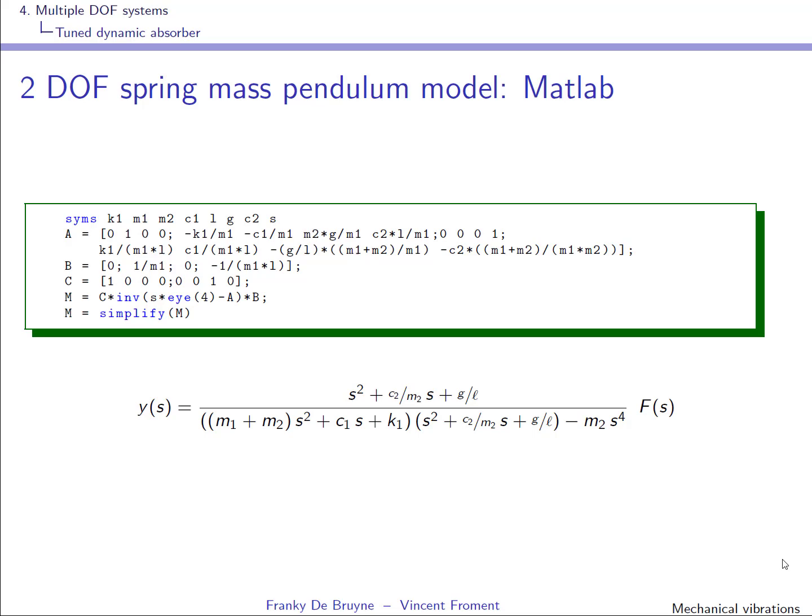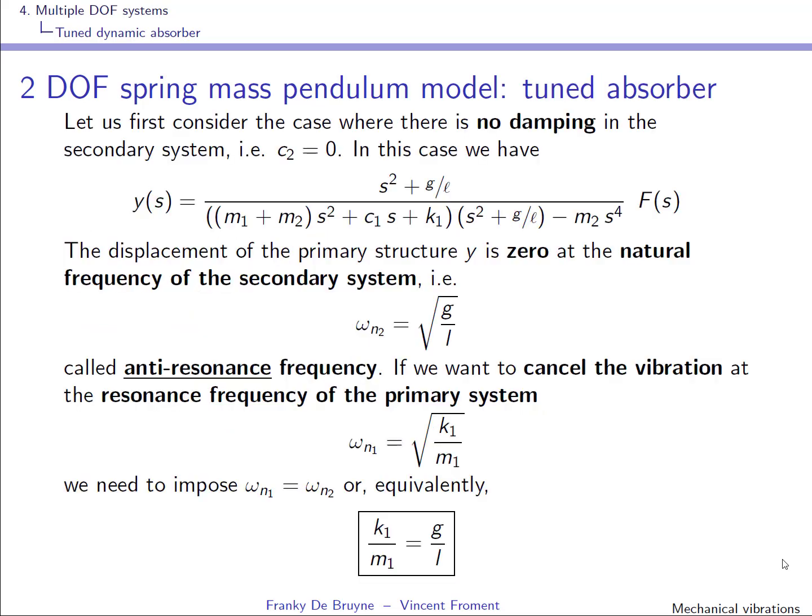But you see that this motion will be 0 at the natural frequency of this secondary system, which is square root g over L. So if you tune the pendulum system and the spring mass system, this is obtained by doing things like this.